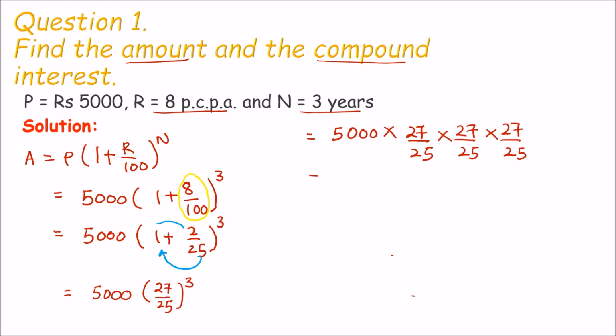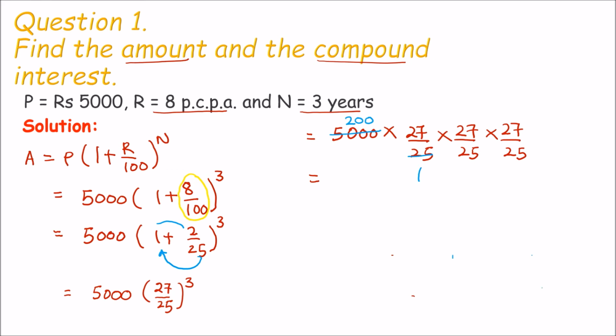Now we will go for the cancellation part. You can cancel 25 and 5000 by 25. How will we get it? 25 ones are 25 and 25 200s are 5000.